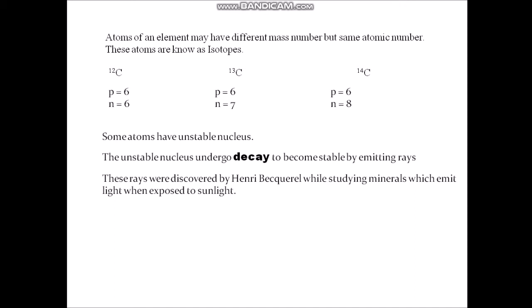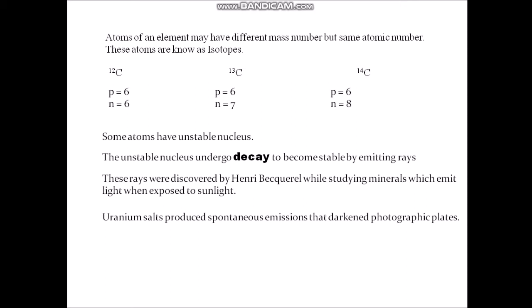He discovered them while studying certain minerals which emit light when exposed to sunlight, specifically uranium salts, which produced spontaneous emissions that darken photographic plates.